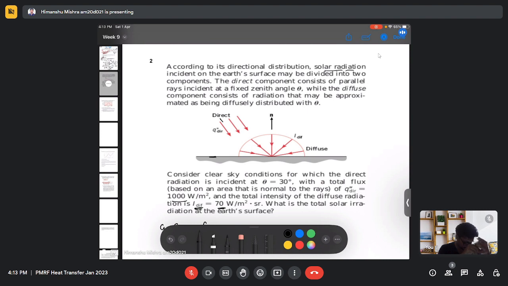We need to find the total radiation. The source of both direct and diffuse is the same, which is solar radiation. It's just the magnitude that differs. Therefore, in the question they are divided into two parts.